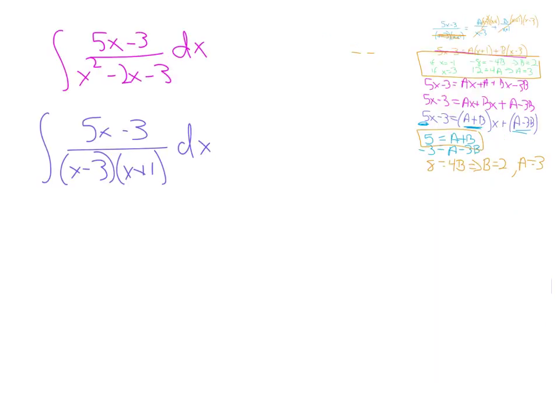Okay, now I just move some things around to make my life a little bit easier, so I can rewrite that integral as, let's see, A is 3. So 3, and A had x minus 3 underneath, and then B is 2, and B had x plus 1.